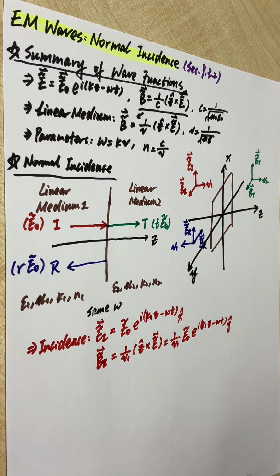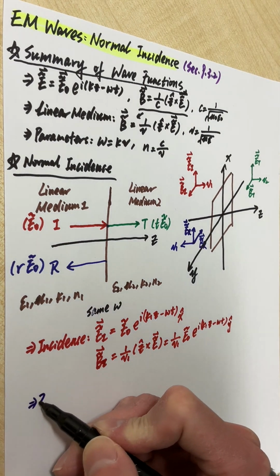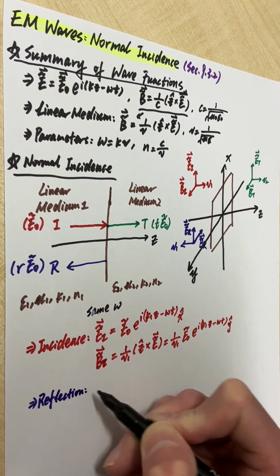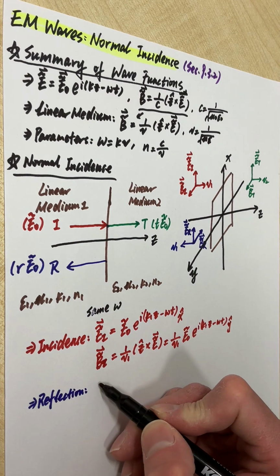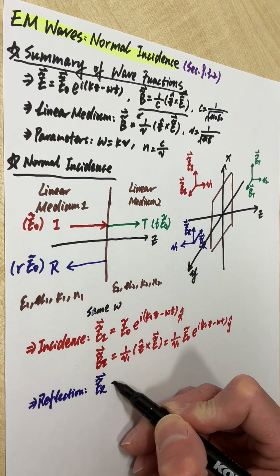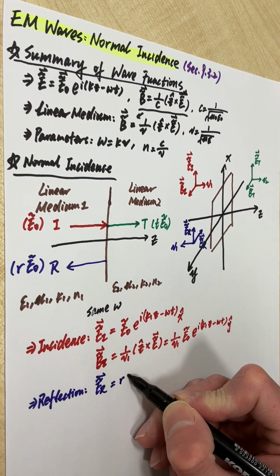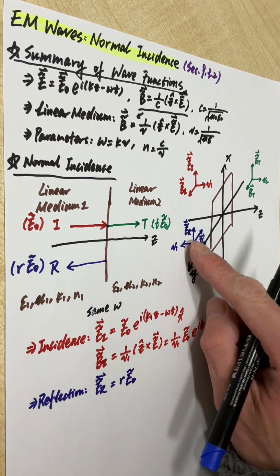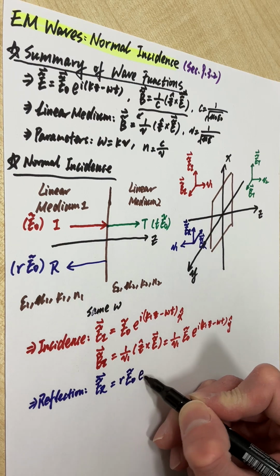Okay, then next we have reflection. We have ER. The magnitude is R E0, and then we have a propagation function.